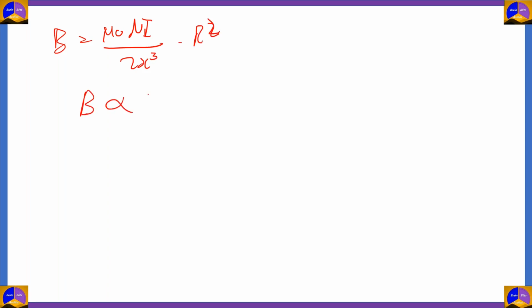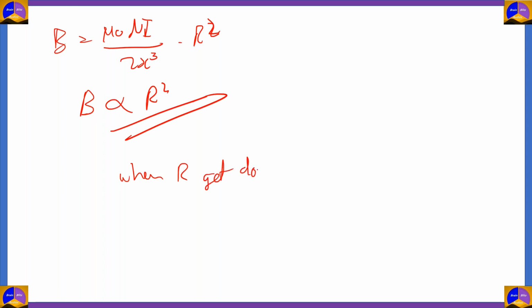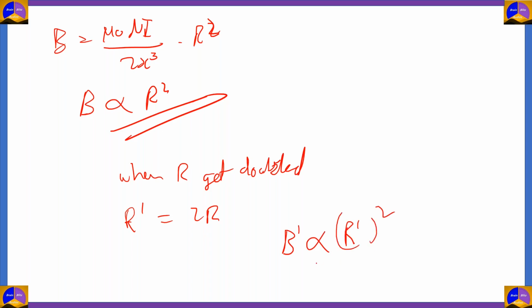So the magnetic field is proportional to r squared. Therefore, when r gets doubled, let's write down r dash as 2r. So B dash will again be proportional to r dash the whole squared.